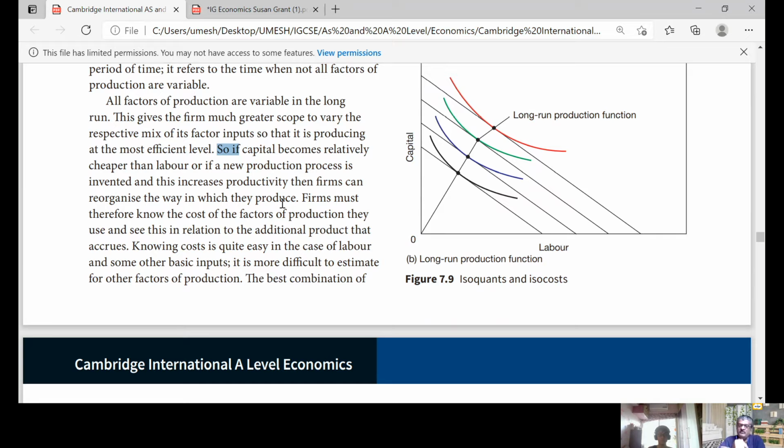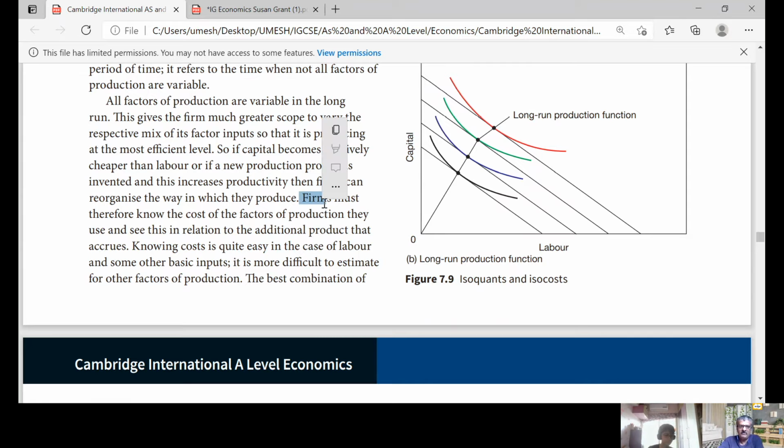Whatever changes they want to bring in the short run is not possible. But in the long run, because all the factors of production are variable, it is easy for firms to reorganize the combination. If they want to install new machinery, new capital, automation, or any production method that can increase the efficiency of the firm, they can introduce it.